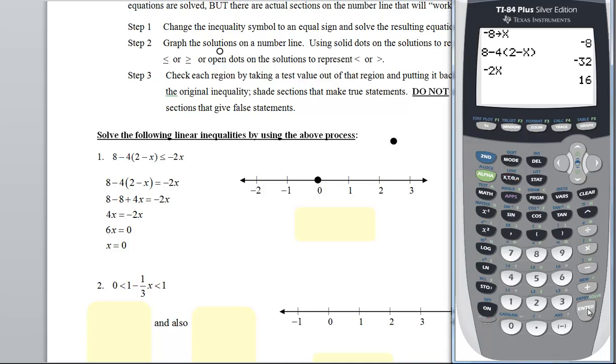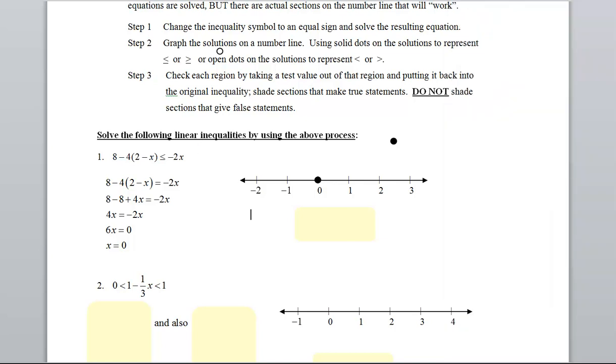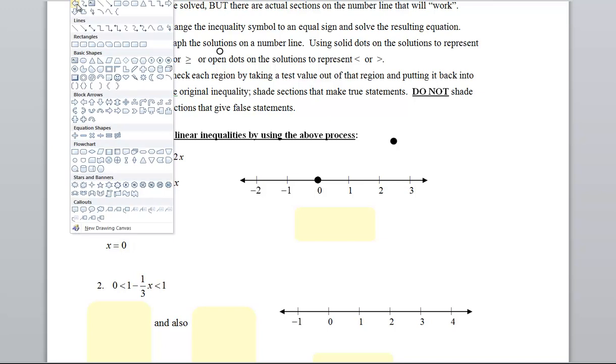Get an answer. So now I've got to go back to my inequality. The left-hand side was negative 32. Right-hand side is 16. So here's the statement: negative 32 is less than or equal to 16. If that's a true statement, I shade that side. Well, it happens to be a true statement. So let me go get something to shade.